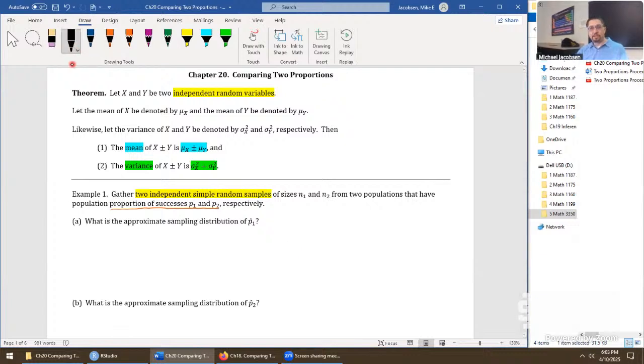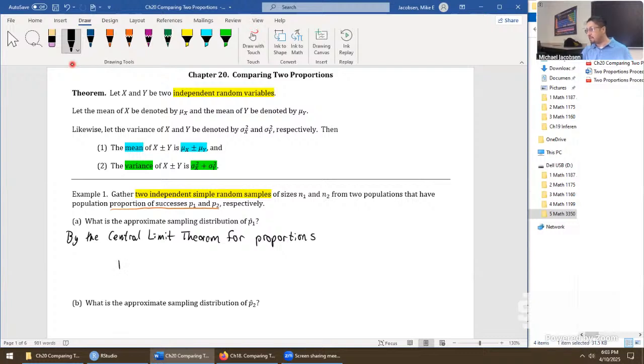Because of that information, the data is categorical, and there's specifically two outcomes for them. And then this is just the restatement of the central limit theorem twice. We'll say here, by the central limit theorem for proportions. This is the theorem that we stated in chapter 19 that got us going, analyzing one single proportion.